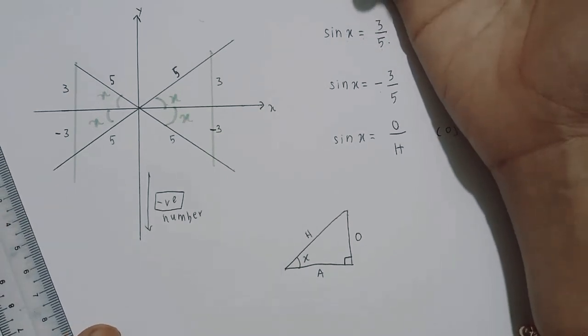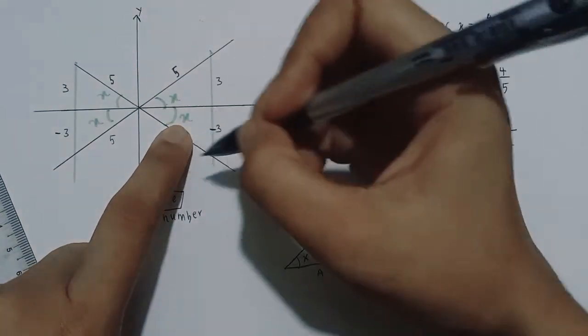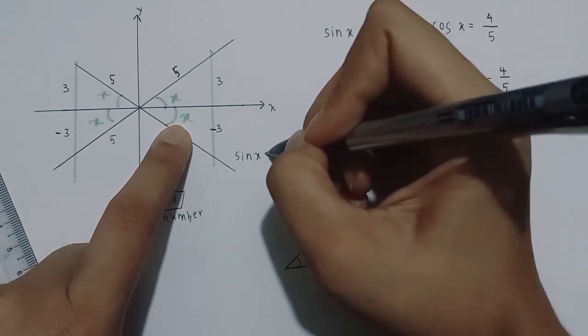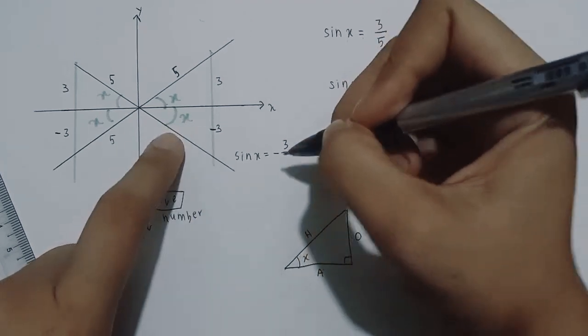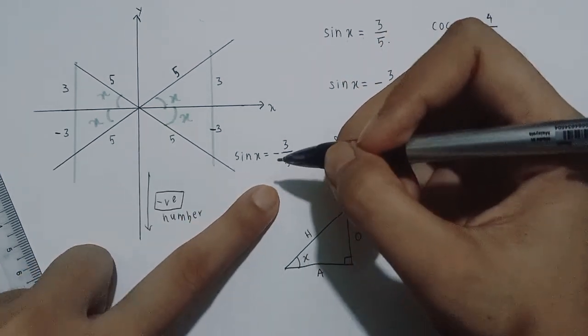So let's see this one, if we just rewrite it, sin x, opposite is negative 3, hypotenuse is 5, so it is negative 3/5, right?